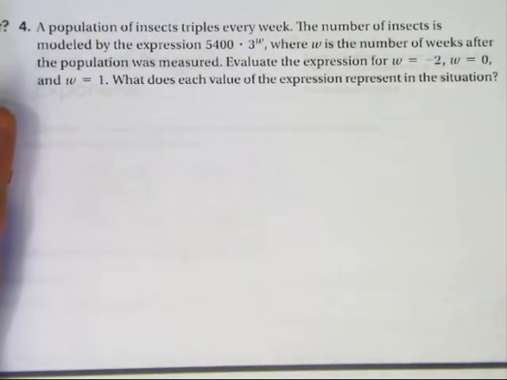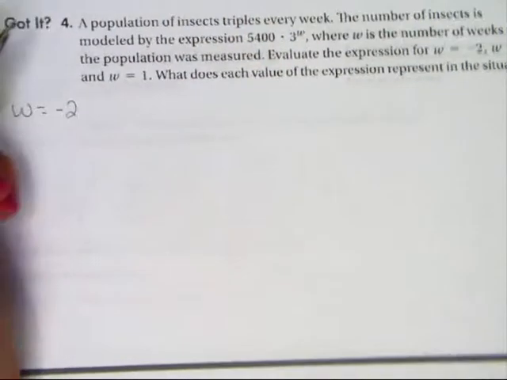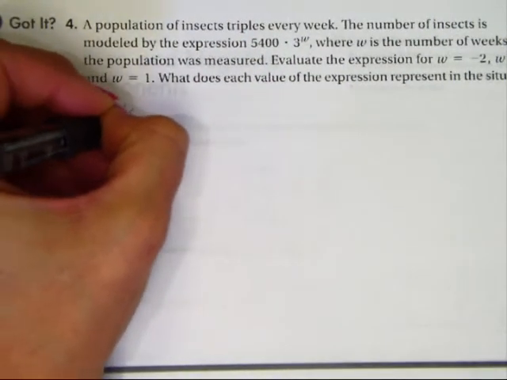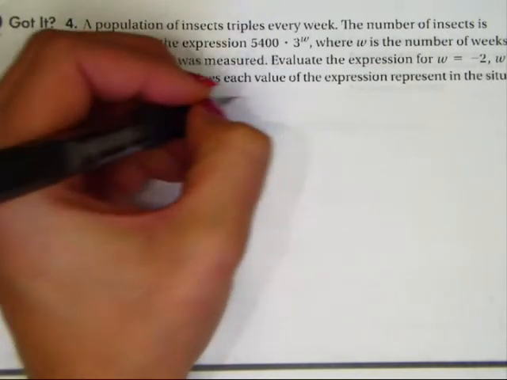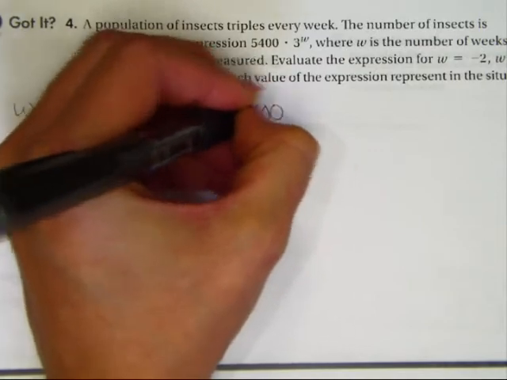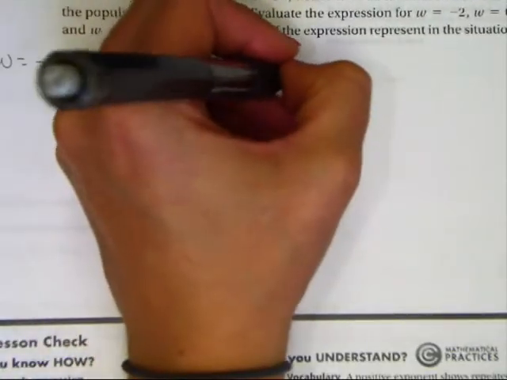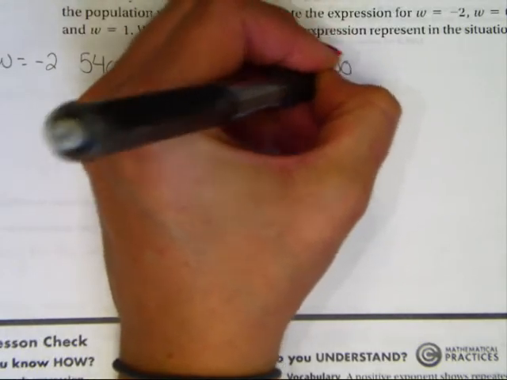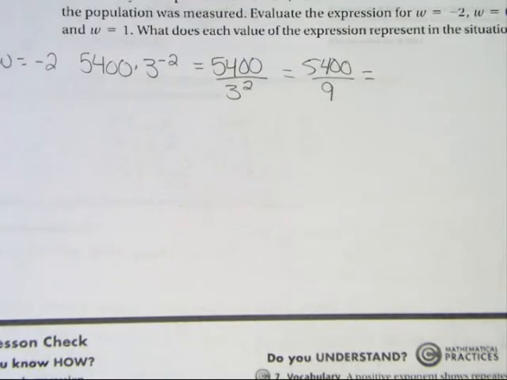So let's plug in W equals -2. And before we do that, can we go ahead and just say what this means in words? Well, let's do that at the end. So 5,400 times 3 to the -2 is 5,400 over 3 to the +2, because of the rules we learned today. 5,400 divided by 9 is 600.